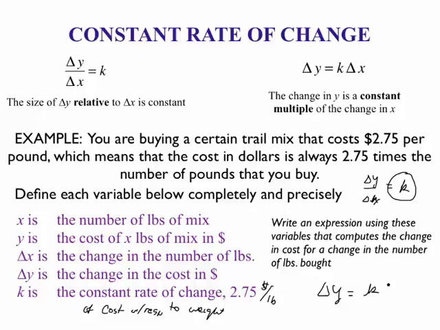You know the change in weight, and you want the associated change in cost. Right? This is constant multiple reasoning. We know the value of one quantity. We're going to use multiplication to get the associated value of the other. So, change in weight times our 2.75 is going to give the corresponding change in cost. Make sense?